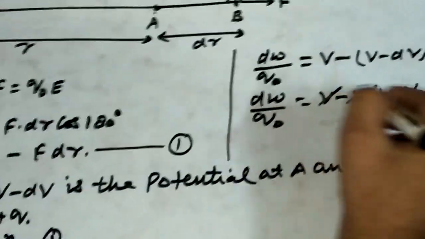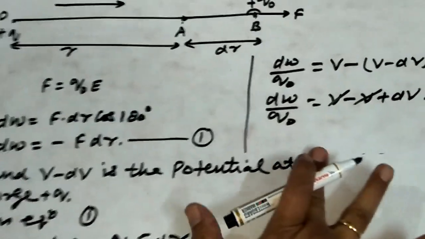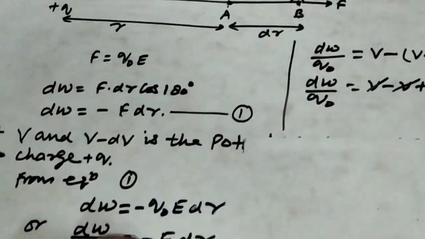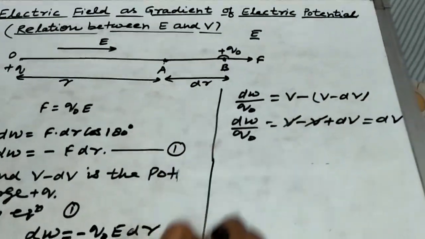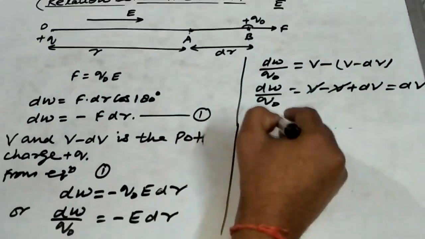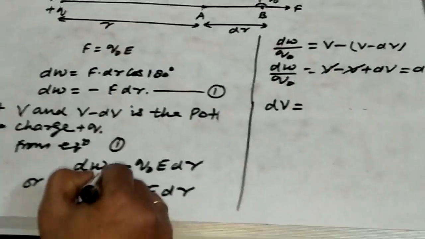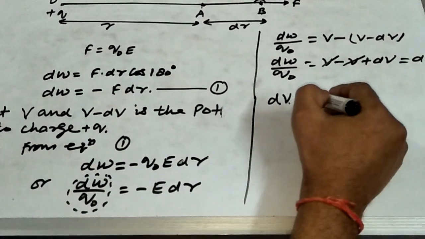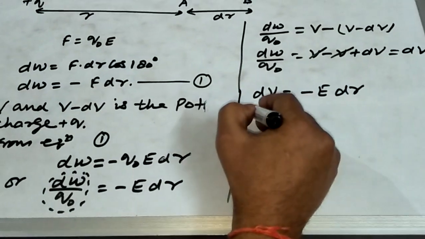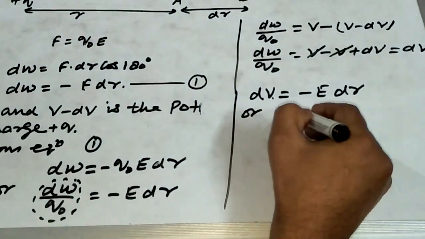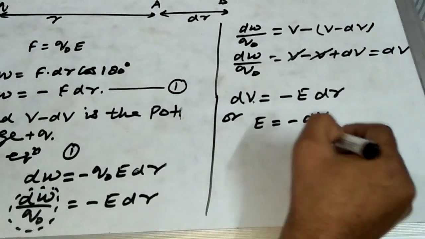So this V is cancelled by this, and you can write this is equal to dV. So now in place of dW upon Q naught you can write dV. So dV is equal to minus E into dr, or you can say E is equal to minus dV upon dr.